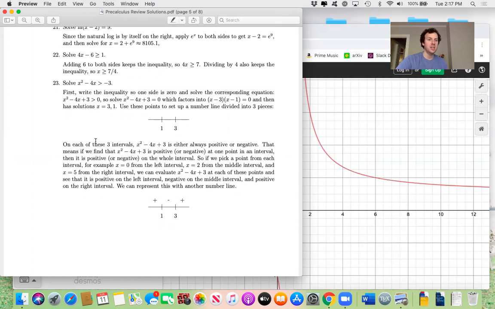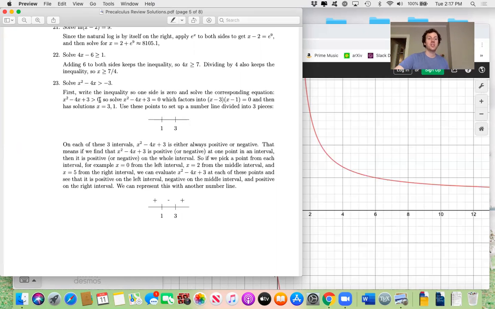How we can proceed is first get this inequality so one side is 0. You could move the things on the left to the right. Here, it's a little easier to add 3 to both sides to get x squared minus 4x plus 3 is greater than 0.